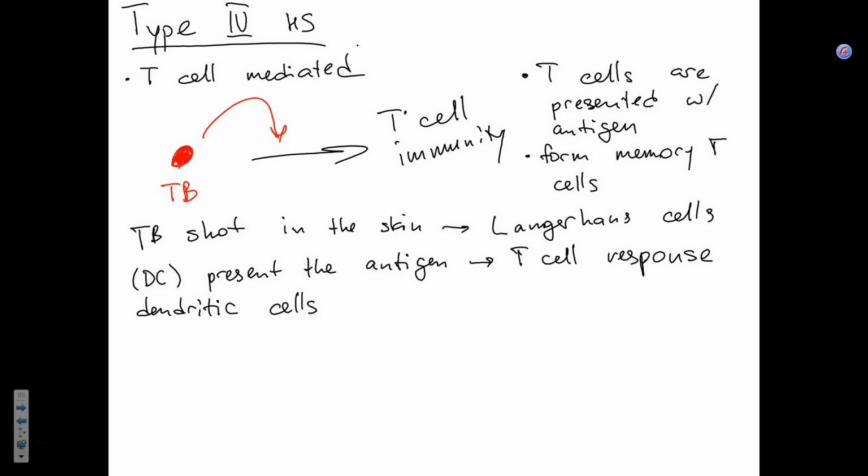So what do you have to know for hypersensitivities? Type 1, the mechanism mediated by immunoglobulins, how they attach to mast cells and cause degranulation. For type 2, transfusion reaction is an example that pretty much goes back to the blood groups. You have to be able to explain the concept of a blood group.